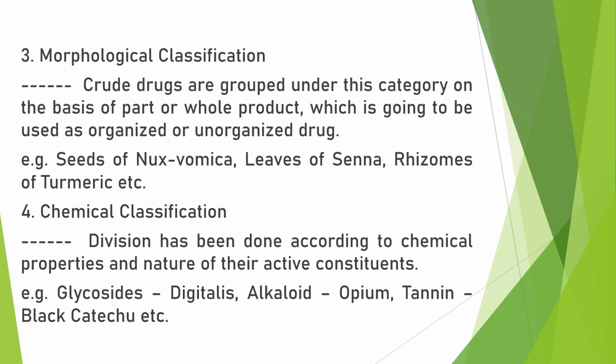But if we consider part wise that I have mentioned in case of organized drugs, then seeds of Nux vomica, leaves of senna, barks of cinchona, woods of sandalwood, roots belonging to the plant category of Rauwolfia, rhizomes in case of turmeric, flowers in case of saffron, fruits in case of coriander, entire drug like ephedra, dried latices like opium, resins and resin combinations like balsam tolu and benzoin, dried juices like aloe, red gum, gums like acacia, dried extract like gelatin, agar.